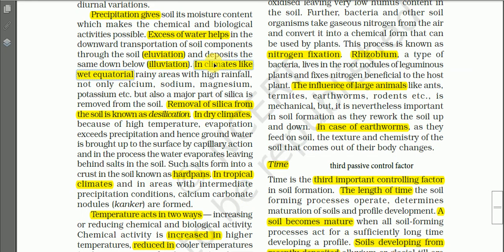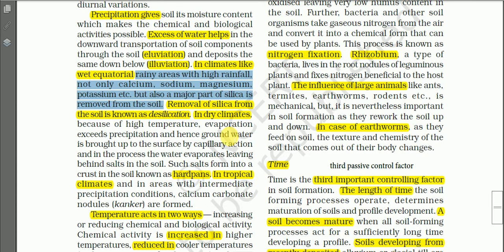In climates like wet equatorial, rainy areas with high rainfall, not only calcium, sodium, magnesium, potassium, but also a major part of silica is removed from the soil.